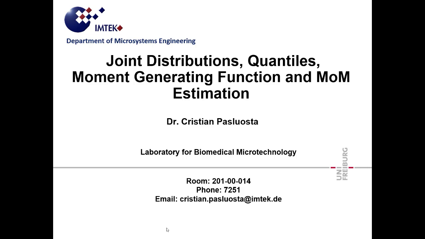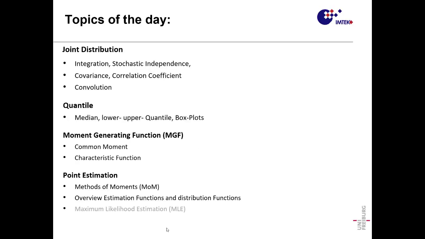Today is joint distribution, quantiles, moment generating function, and method of moment estimation of parameters from the distribution. So we have quite a lot to cover. Let's see how we do it. Joint distribution is something that we already have seen, but we define it here within the continuous domain.